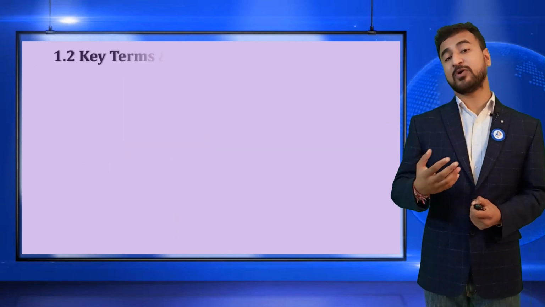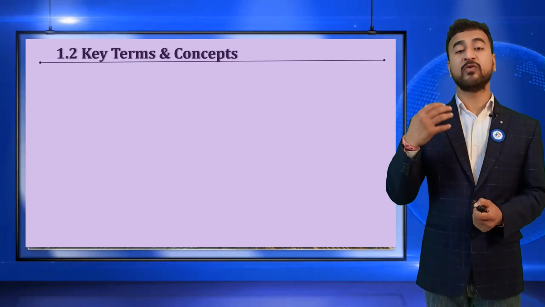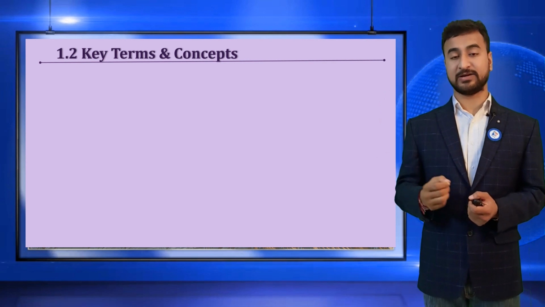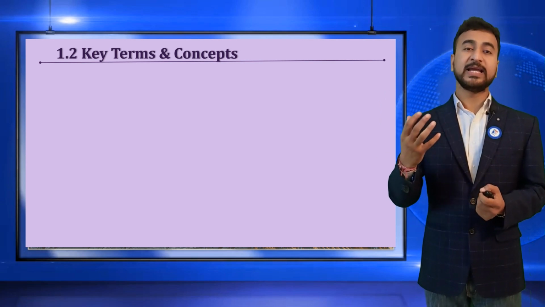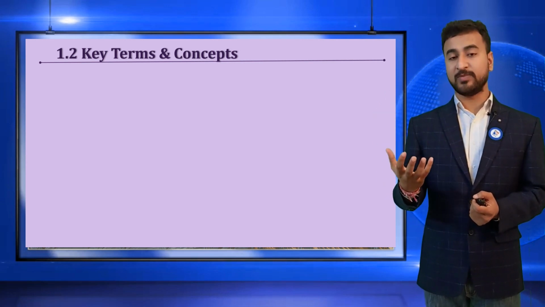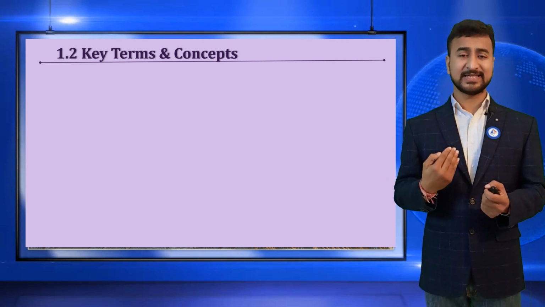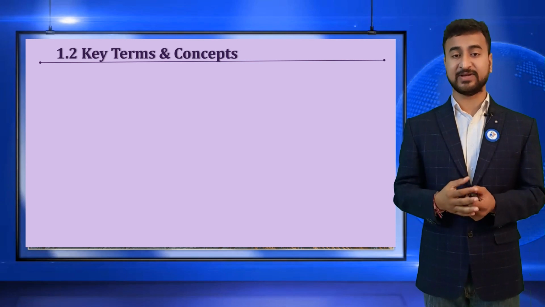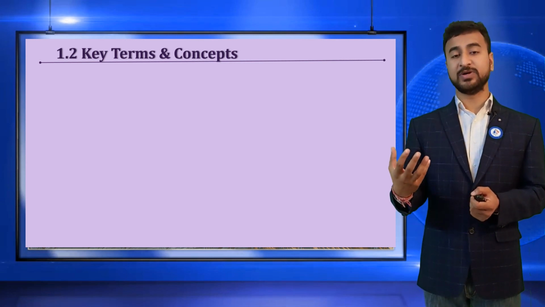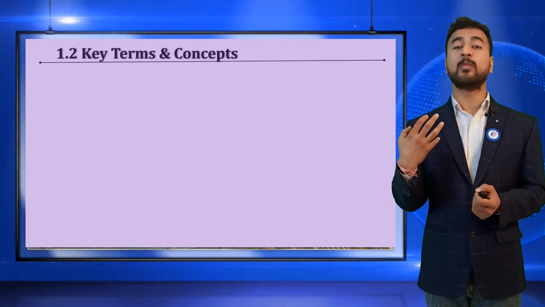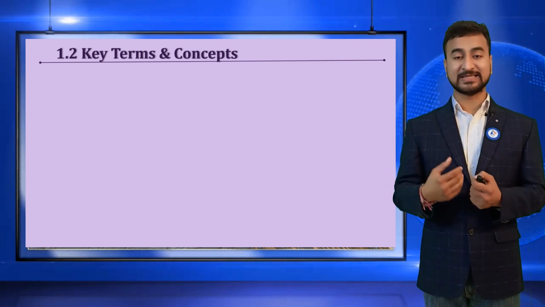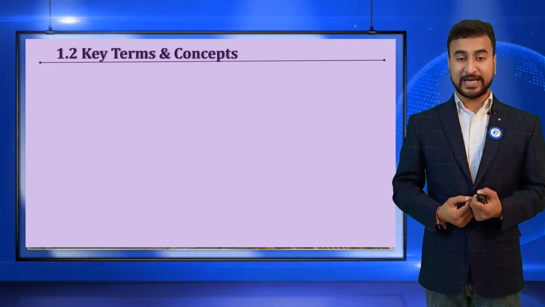Now we are discussing the key terms and the concepts. Before we go into detail on the key terms, I would like to explain why they are required. Key terms give you a vocabulary, so that we can discuss with each other because we understand each other's language. Similarly, if we understand the common vocabulary in project management, we can understand each other's language in a better way.